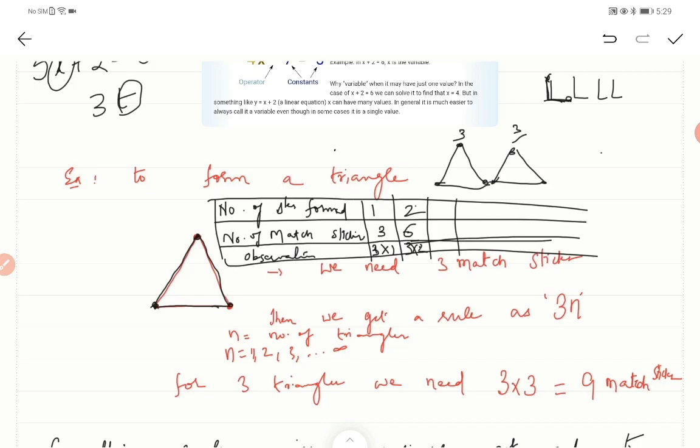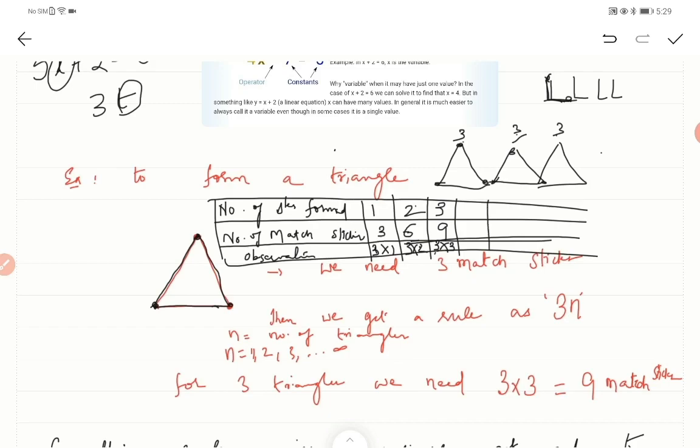What about 3 triangles? I will need how many sticks? 3, 3, 3, it becomes 9. Each triangle is 3 sticks, and we want to form 3 triangles, so 3 threes are 9, right?